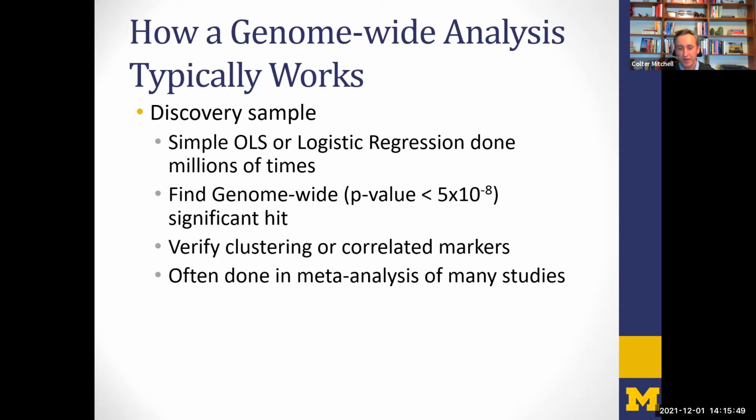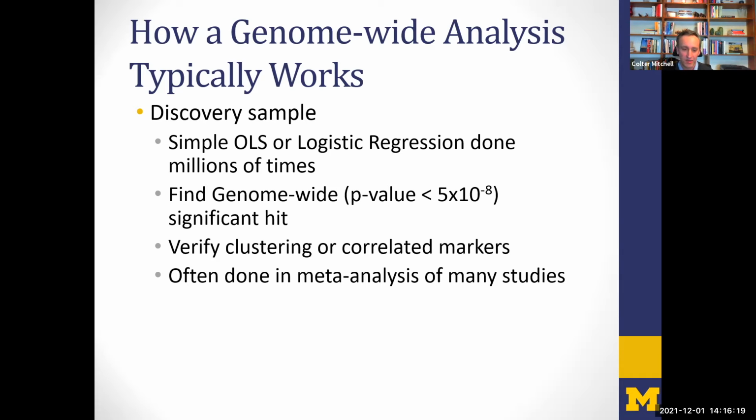We have very few controls, and we do quite literally 1 million regressions, taking that genetic variation and predicting the phenotype, the outcome of interest. We then adjust for the fact that we've tested things 1 million times, and that's called genome-wide significance. That's a p-value of 5 times 10 to the negative 8. So a very, very small p-value. And that's called a significant, or genome-wide significant, hit.